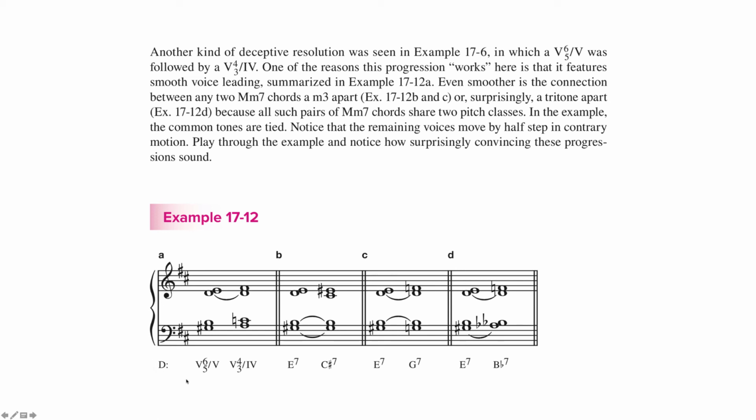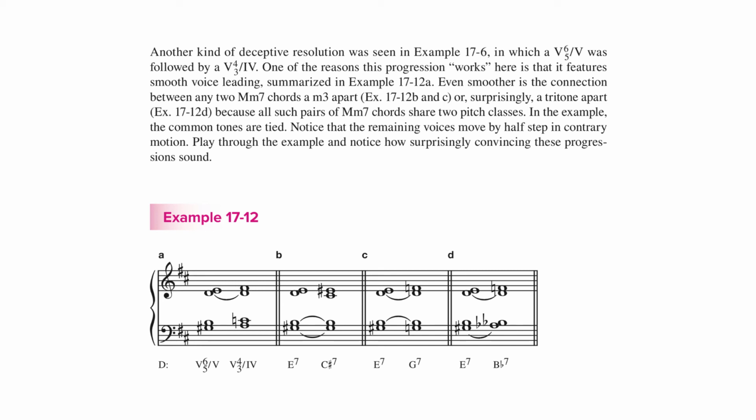We are in D major and this is 5 of 5 and it moves to 5 of 4. It is not a substitution, it is nothing related, it doesn't make sense. But the progression still works because of the extremely smooth voice leading.